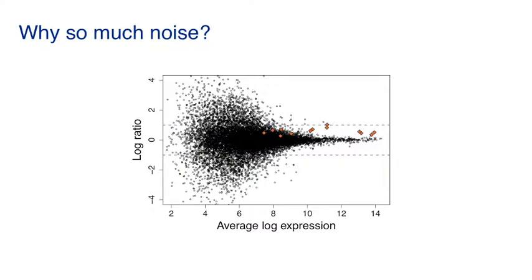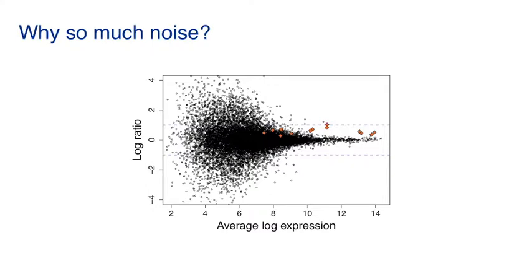Right? So if we were asked to find those 16 without knowing which ones they were, we wouldn't have guessed these 16. We probably would have started from up here or down here and start moving down. We would have had like hundreds of false positives before we got to the first true positive. So that's the problem.